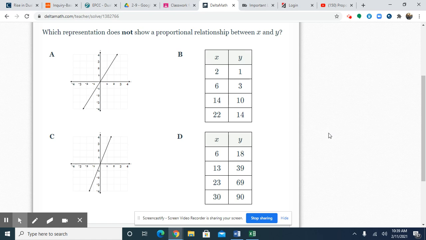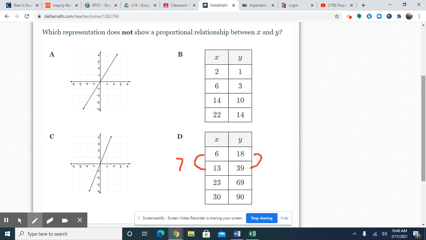So let's look at something like this, where we're looking at what's not a proportional relationship. So we can very easily say, all right, from 6 to 13, what is the difference there? 7.